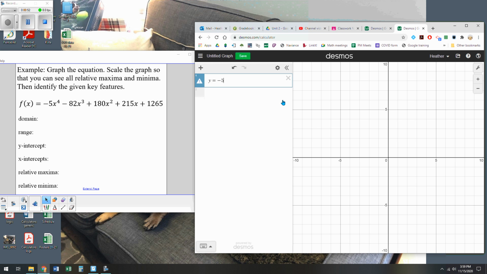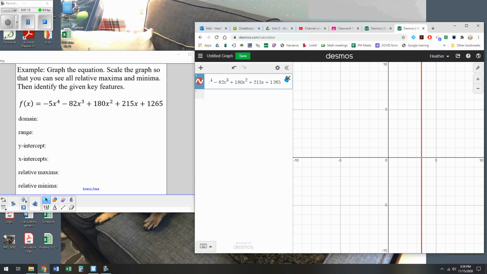So we have negative 5x to the 4th minus 82x to the 3rd plus 180x squared plus 215x plus 1,265.